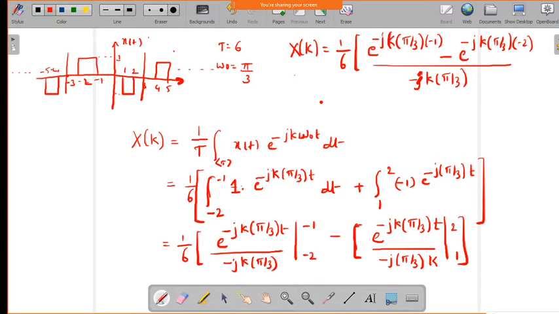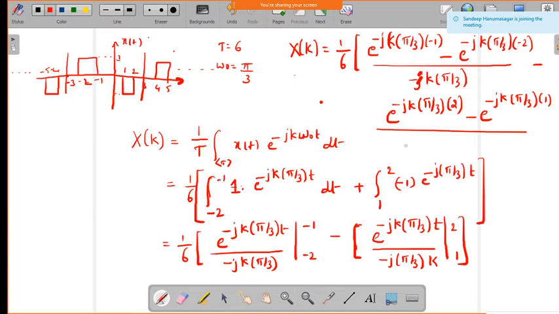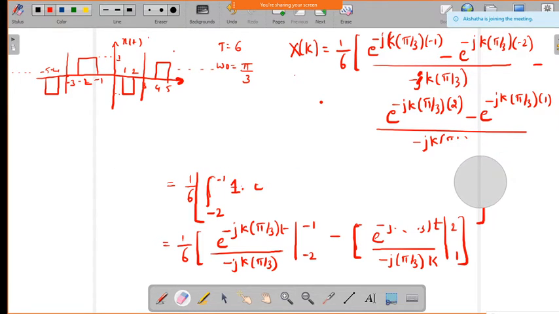Okay, so this is evaluated between minus 1 to minus 2, and minus, another term, e power minus j k pi by 3 into 2, minus e power minus j k pi by 3 into 1, divided by minus j k into pi by 3. Okay, since this is common to both the terms, you take it outside and try to evaluate this one.